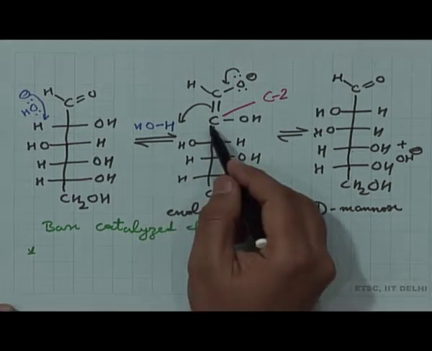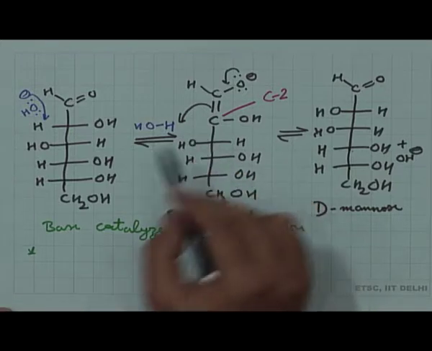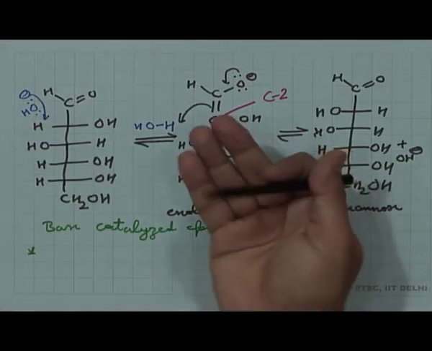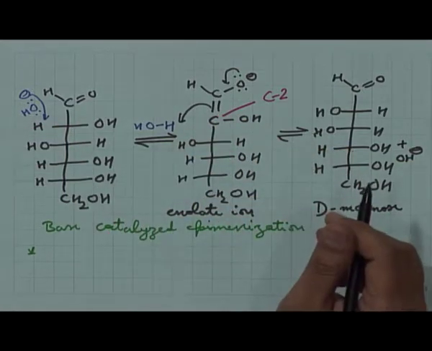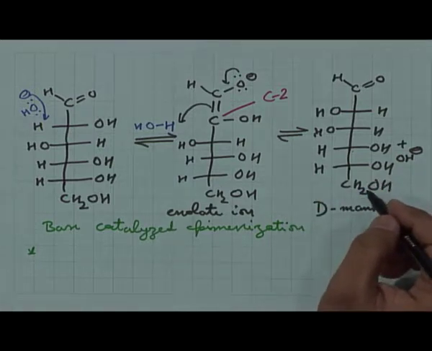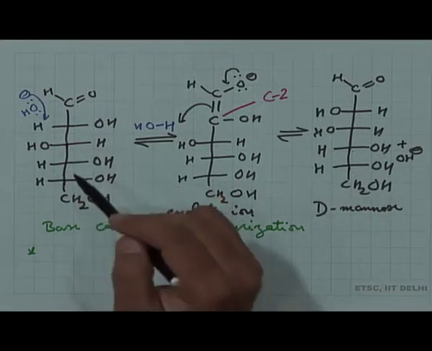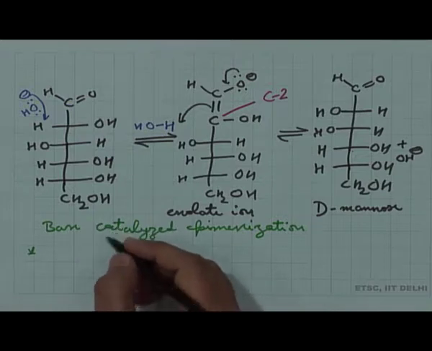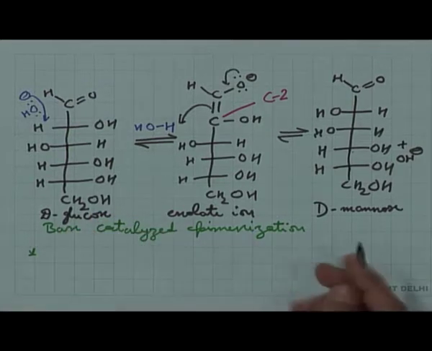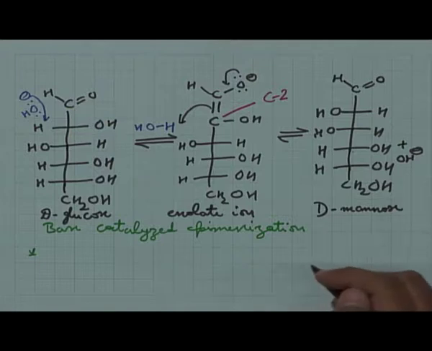Now, when this C2 is getting reprotonated, the proton can come from the top face or from the bottom face, forming both D-glucose and D-mannose. If it comes from the top face, it will form D-glucose, and if it comes from the bottom face, it will form D-mannose.